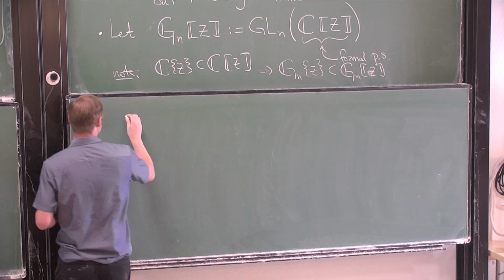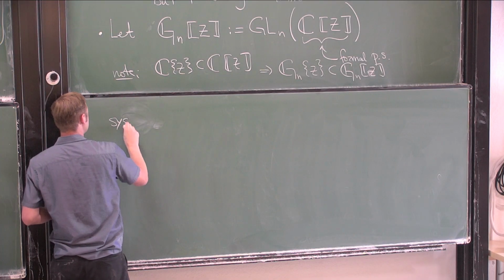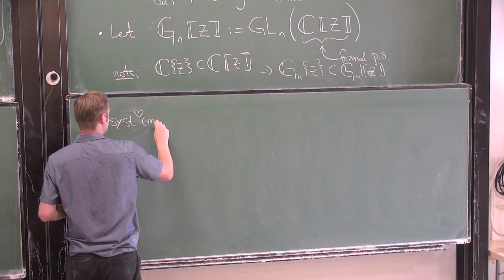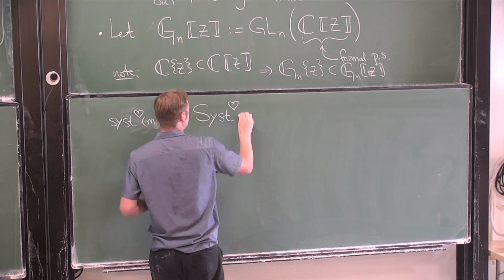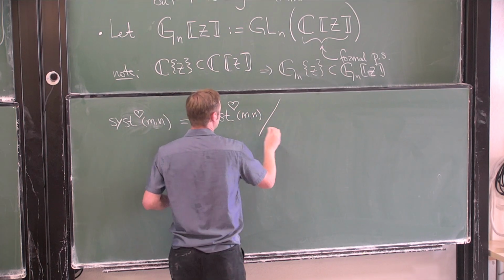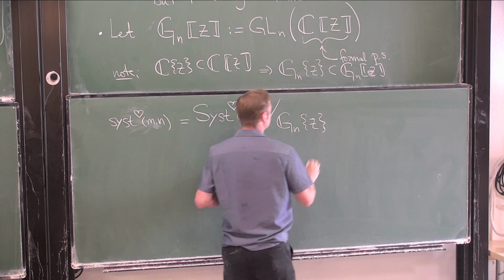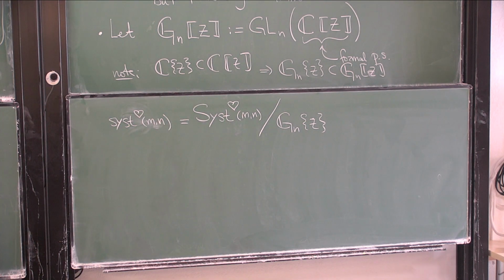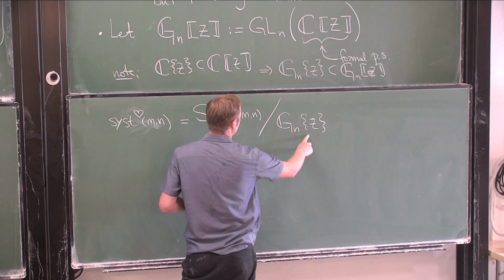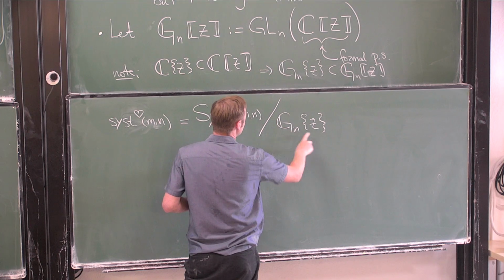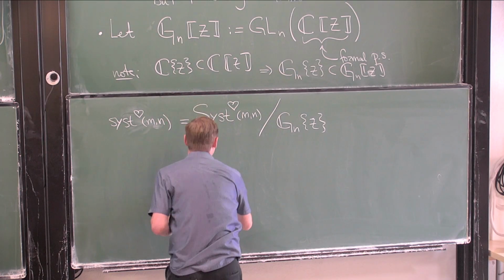And so if I'm looking at this moduli space of nice systems, this is by definition the quotient of nice systems by our convergent or analytic gauge group. I can instead take a bigger gauge group and divide by it.